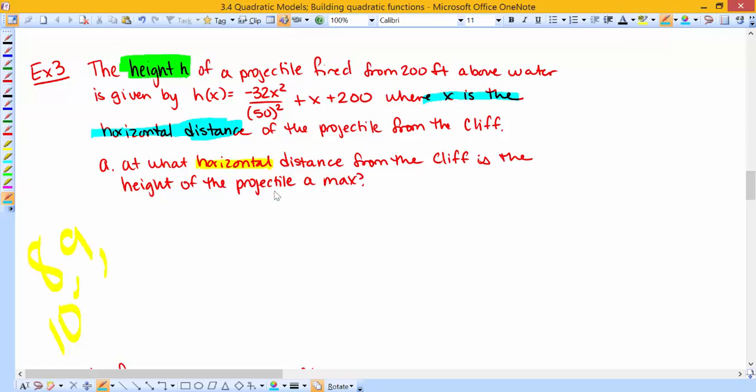At what horizontal distance from the cliff is the height of the projectile a max? Oh, maximum. That means we will have to find part or all of the vertex.